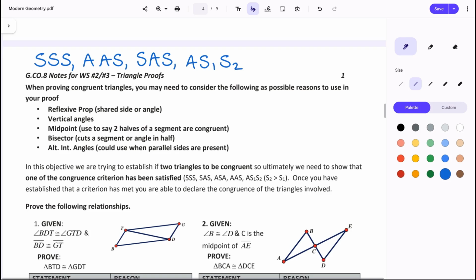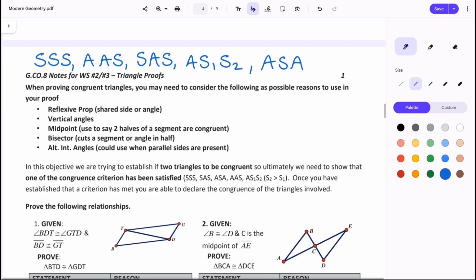ASA. Okay. So those are the 5 that we talked about last week.